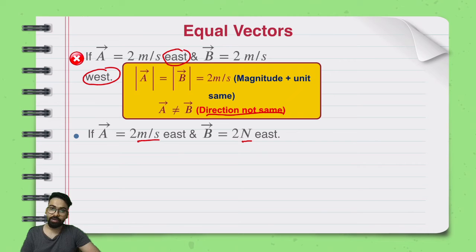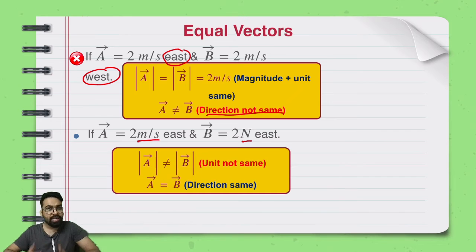The rest, all of them are the same. The magnitude is same, the direction is same, but the unit is the only difference, and that is why, since the units are not the same, in this case we are once again saying that this is not a case of equal vectors, right?